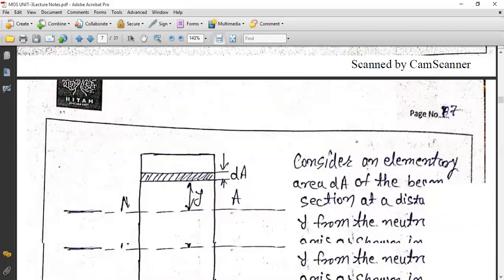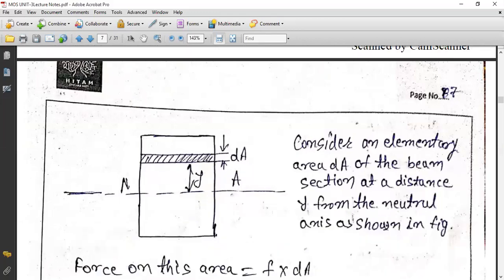What is the second part? The second part is very easy. In some books it is very confusing, but if you listen to my lecture, then you can easily understand it. In the second part, consider an elementary area dA of the beam section at a distance y from the neutral axis.